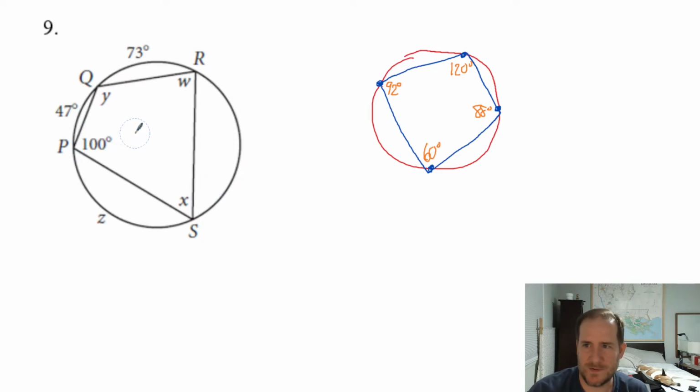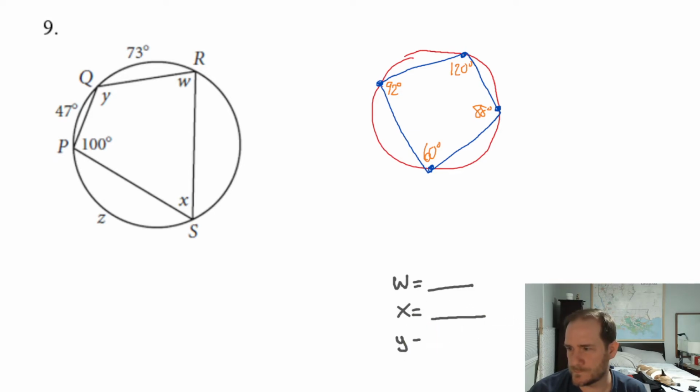So that means that if they want us to find W, X, Y, Z, there are 4 things to find here. Alright, those are all the things we've got to find.